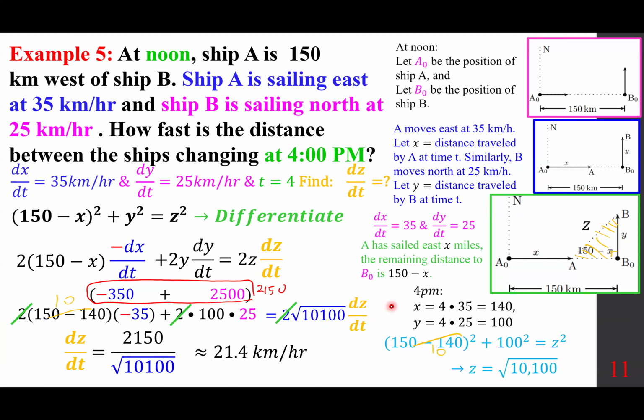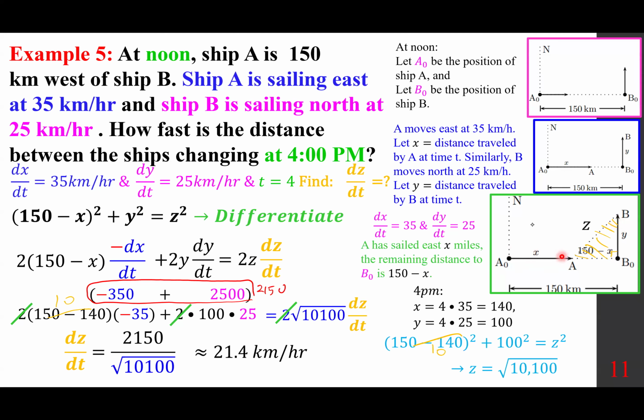Okay, easy. So let's recap quickly. From noon to 4 p.m., t is 4. Ship A is doing dx dt. We have defined the coverage by ship A as x, the coverage by ship B as y.